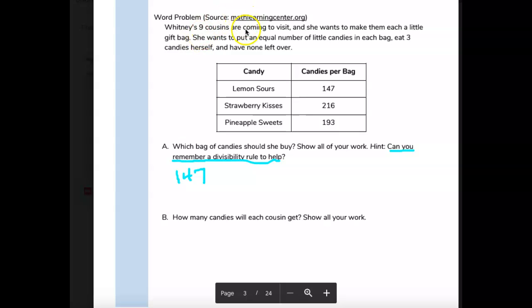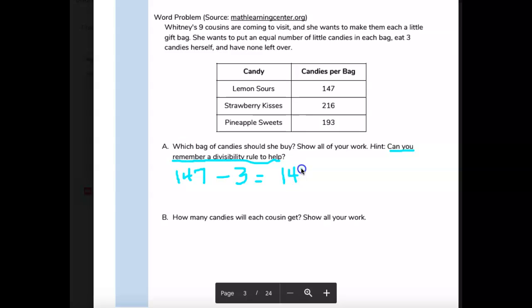She has 9 cousins, and she wants to give each of them a bag. She wants to put an equal number of candies in each and have 3 left for herself, but none left over after that. So let's just take out the 3 that Whitney wants. She wants to eat 3 of them. So 147 minus 3 is 144.